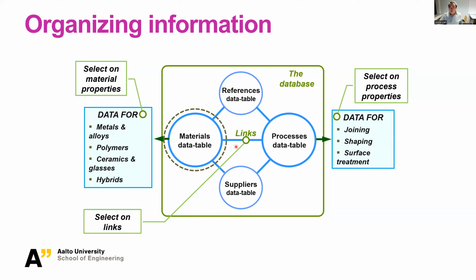Of course, the most important thing is you need to select the links: the materials you select to fulfill the property requirements must be linked with the processes you would like to use to shape, join, and surface treat. So this is also a very important key selection you need to make. You have to make sure they're compatible with each other.